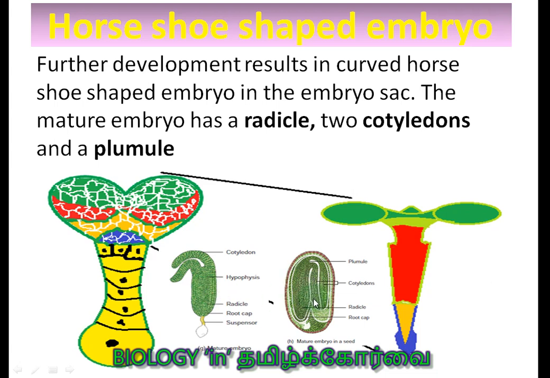These are the two cotyledons, and here you can see the radical. The hypophysis forms the root cap. Here the blue colored portion is going to become the root cap, and this is the radical. The red colored portion is the hypocotyl, the green colored portion is the cotyledon, and this is the plumule.